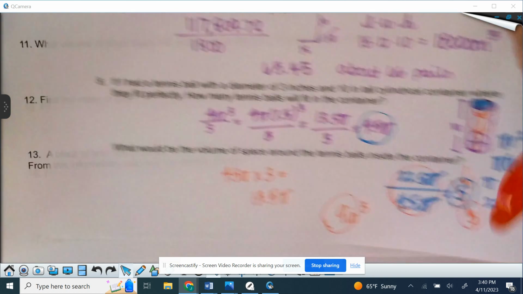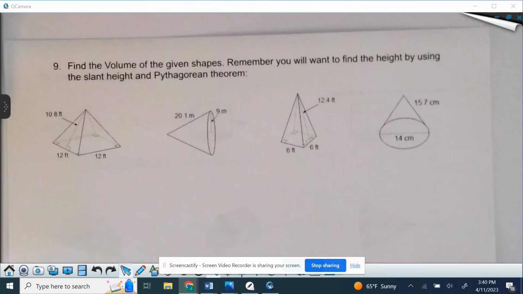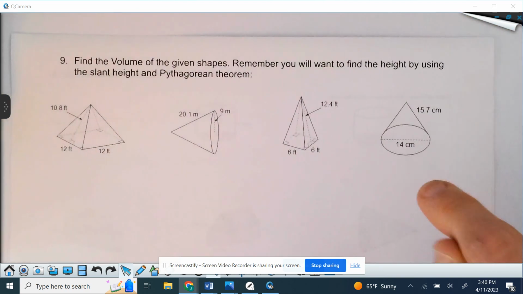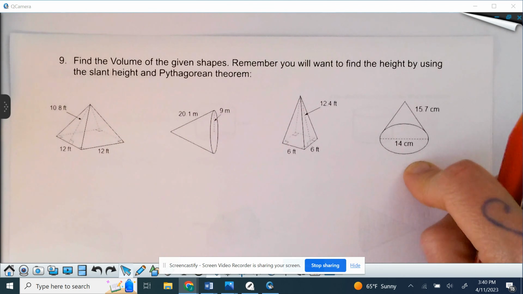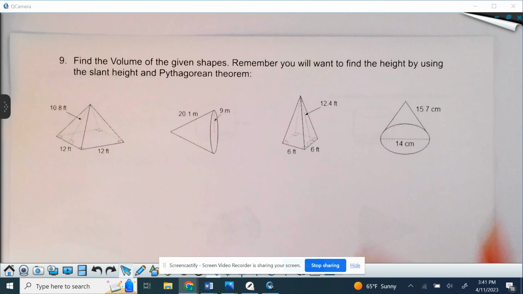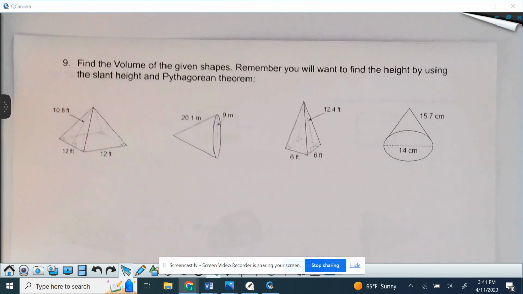After that, these are a bunch of slant height examples. I will get into these on Thursday. I think that will be a better idea instead of rushing through them now. So we will work on these, and then also the density problems that are below it on the packet.